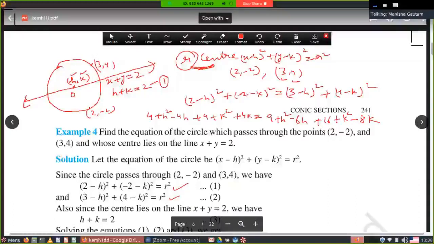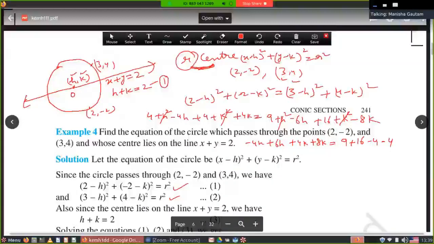You can see here h square and k square on both sides are cancelled. What you are getting is minus 4h. Take this 6h to the left hand side, plus 6h. Next is plus 4k plus 8k equal to 9 plus 16, and take 4 to the right hand side, minus 4, and another one is also minus 4.